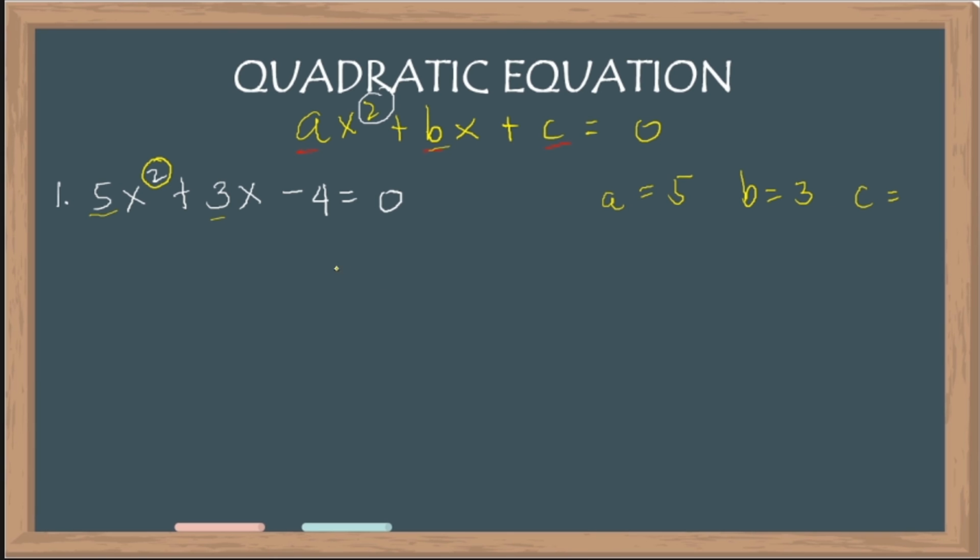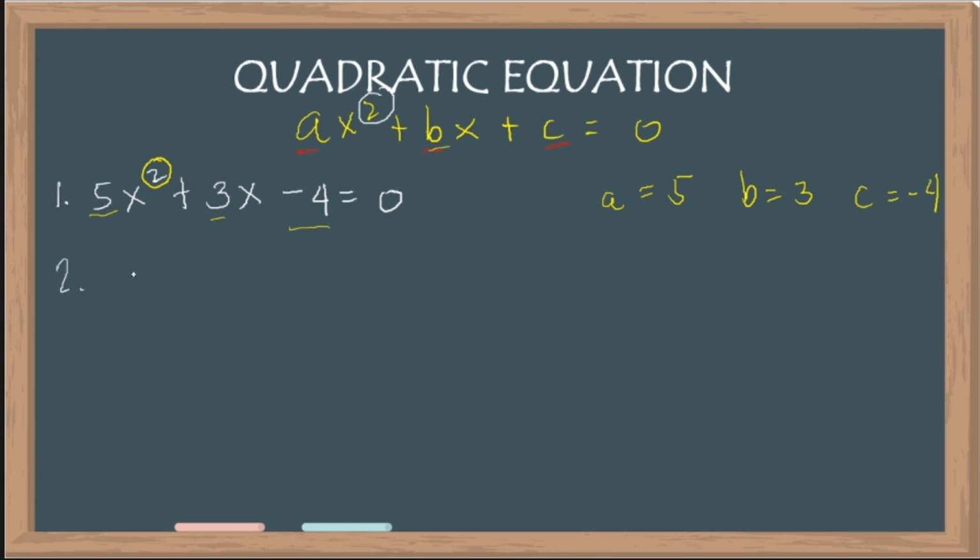That is the constant, no? Yung walang variable. So, ito ay considered as negative, no? So, negative 4. That's it. Okay? So, this is an example of quadratic equation at kinuha na rin natin yung value ng A, B, and C.